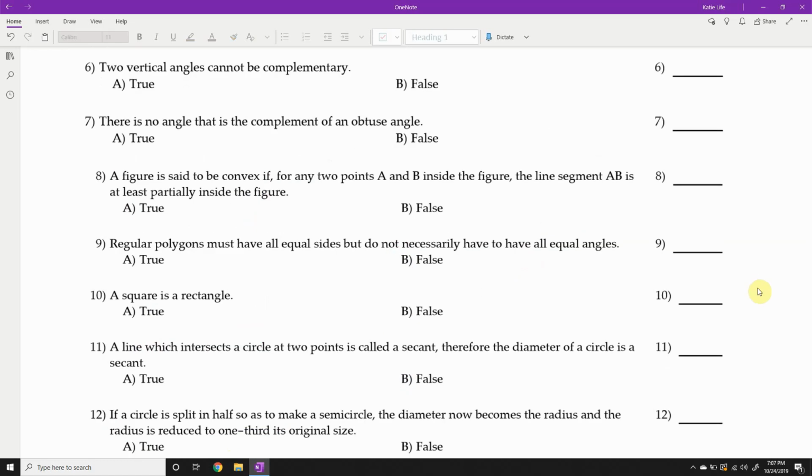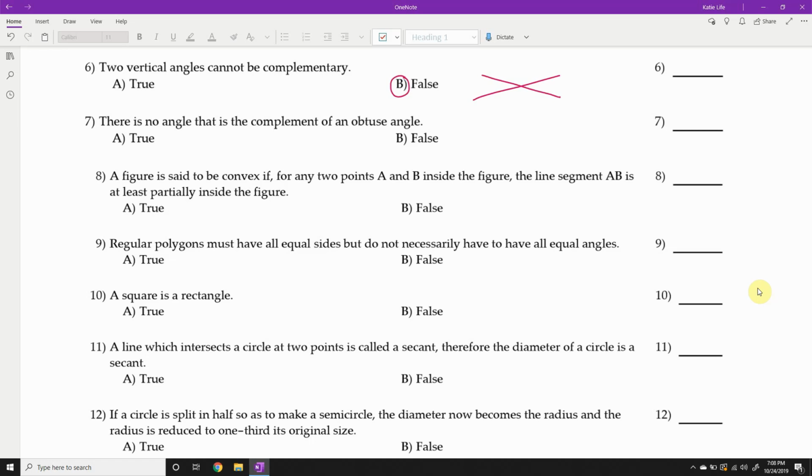Number 6, two vertical angles cannot be complementary. Well, this is false. Vertical angles are formed by two lines that are intersecting. Complementary means that their angle measures sum to 90 degrees.